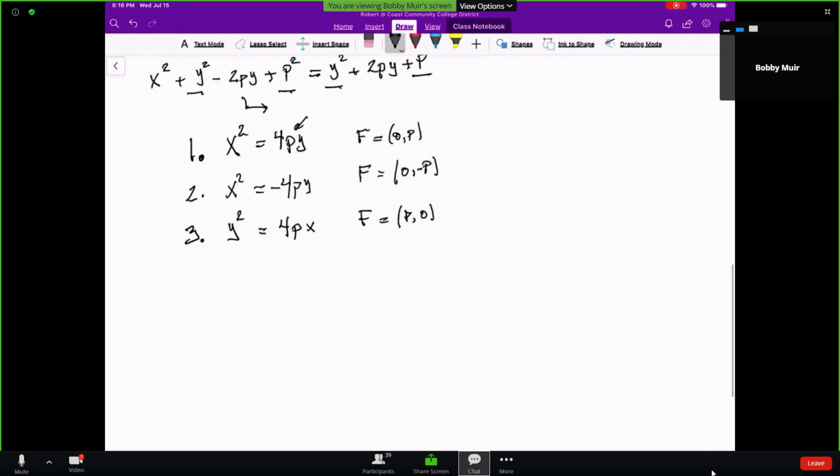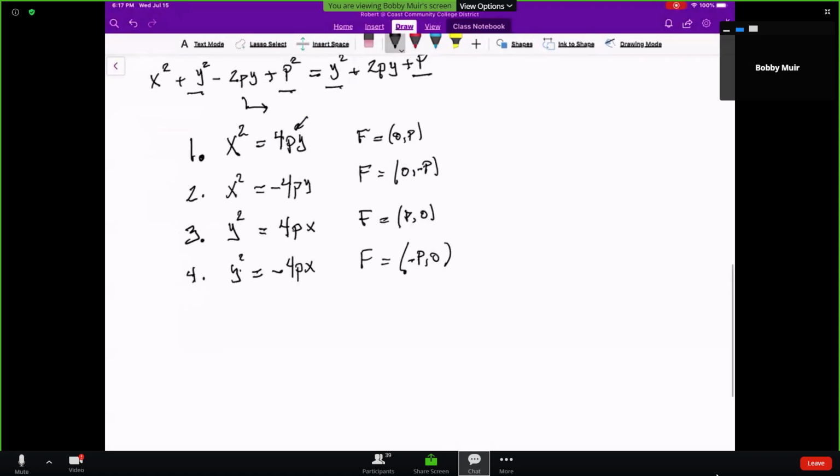And number 4, y squared equals negative 4px, and this now has the focus at (negative p, 0). So the focus on the x-axis was 3. Focus on the y-axis is 1 and 2. 1 and 2, the focus is on the y-axis. 3 and 4, the focus is on the x-axis. Cool. Perfect. Thank you.